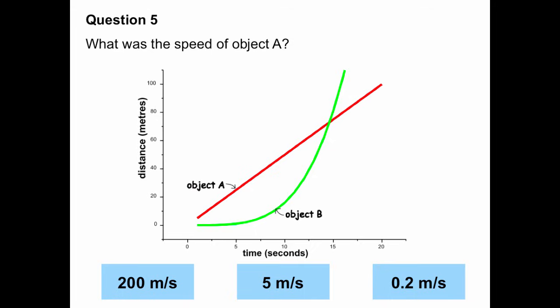Question 5. What was the speed of object A? Okay, here we go. So object A, notice it has a distance. If you take your 20 and you go over here, where do you hit it? Right here. And you go down to about here. So if you don't like where those numbers are, you can try to find one that's better.